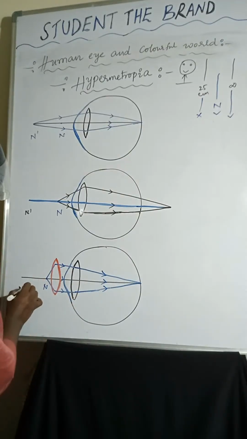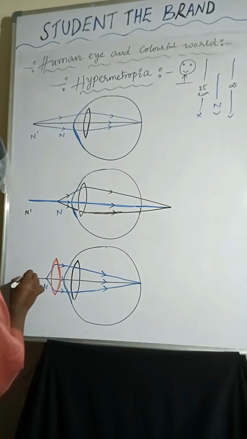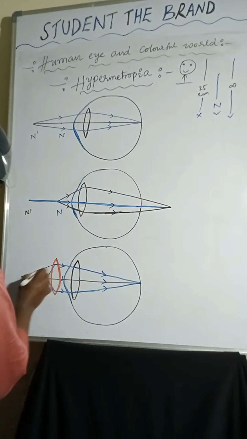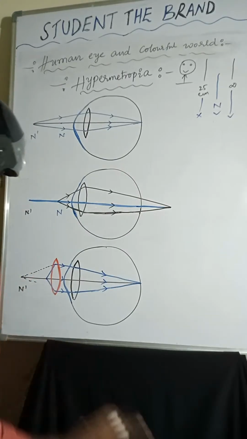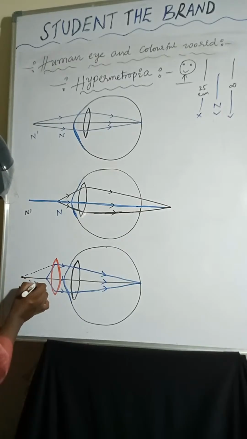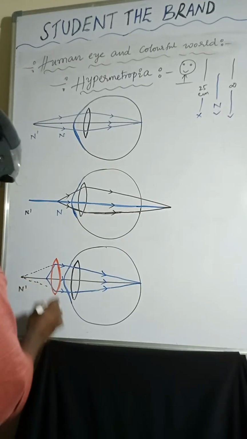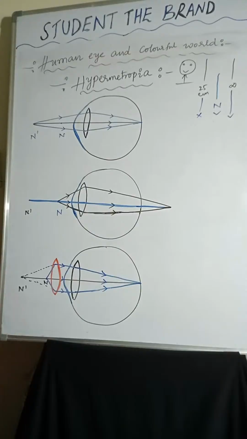So at N dash those light rays are meeting. So this is N dash.